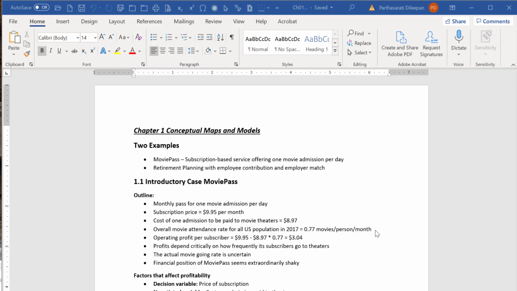The idea is that if that rate continues even after the subscription, then for the company, the monthly cost will be $8.97 times on average 0.77 movies, and then you subtract that from $9.95, and you get a gross operating profit of $3.04.